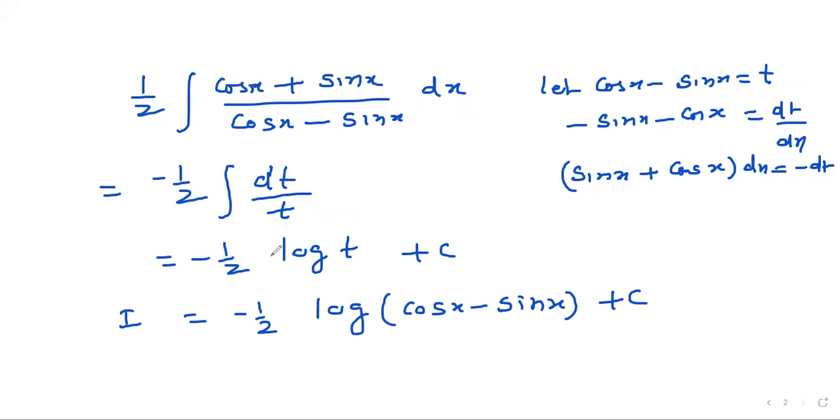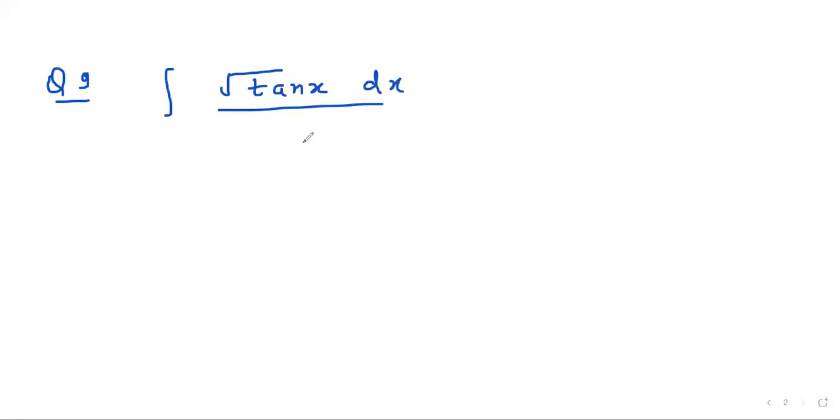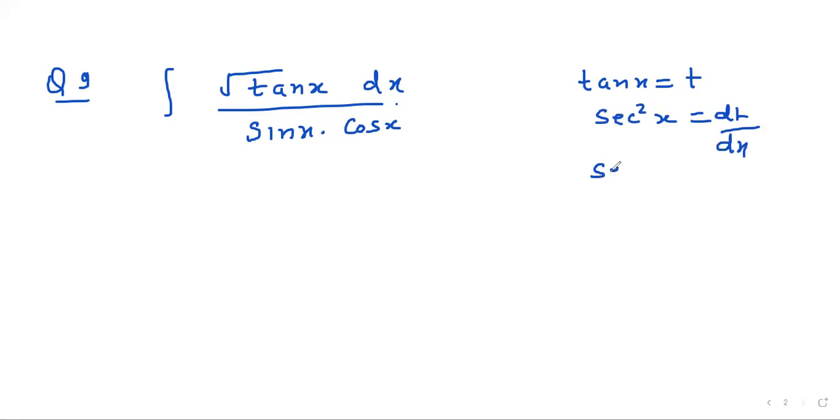Now, question number 9. Integration root tan x dx divided by sin x cos x. Now, what do we do? If we put tan x equal to t, then its differentiation will be sec square x equal to dt upon dx, or sec square x dx equal to dt.